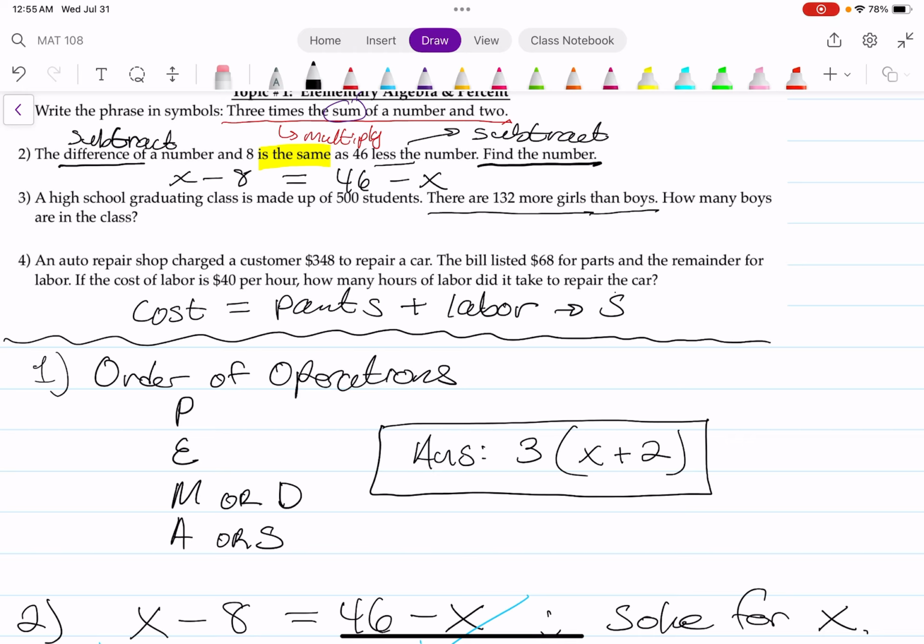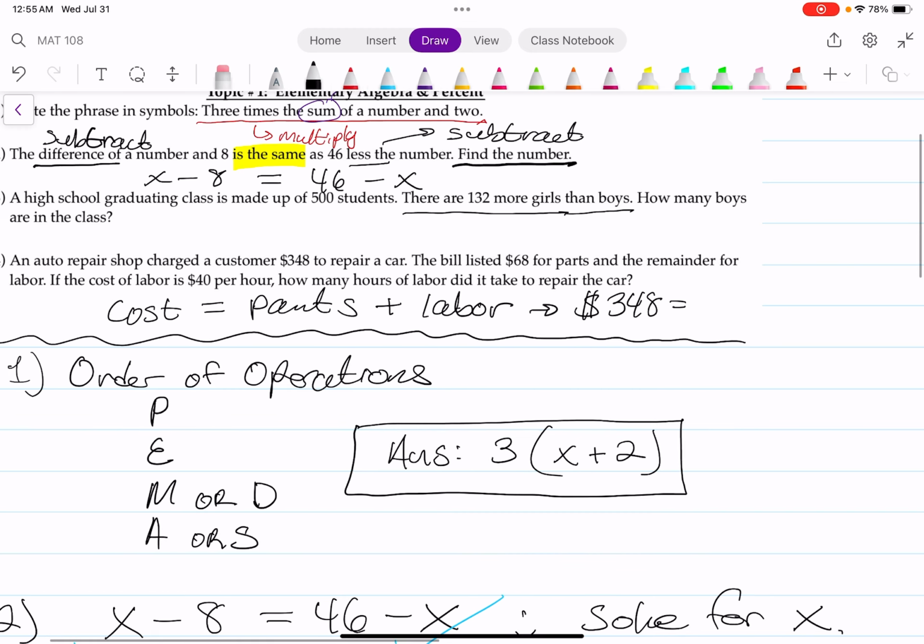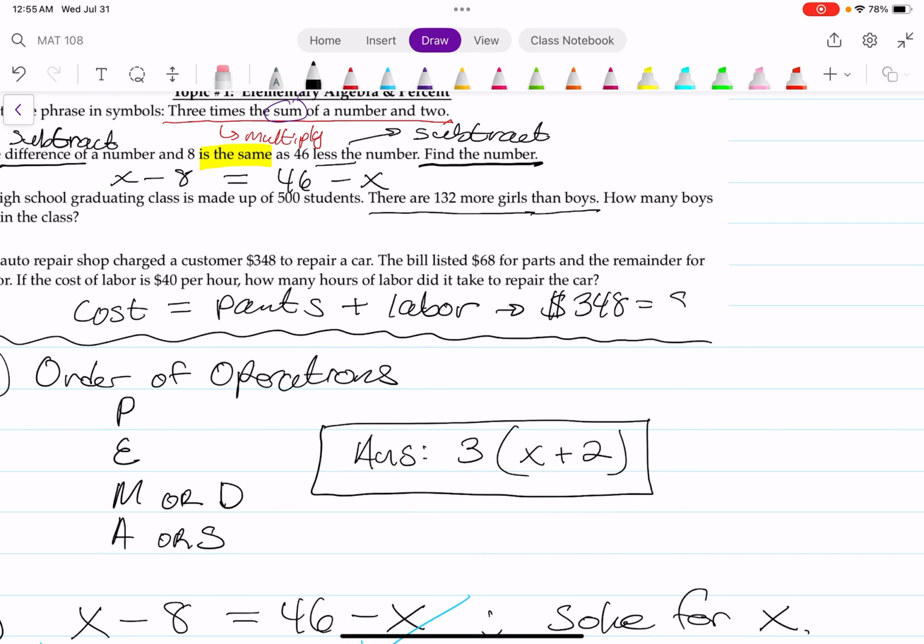The cost is $348. We also know how much the parts cost. The parts cost $68. And that's being added with $40 per hour.